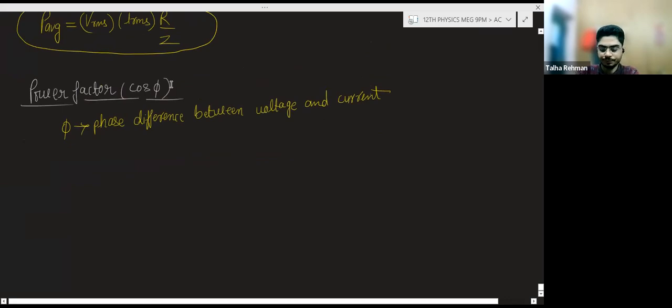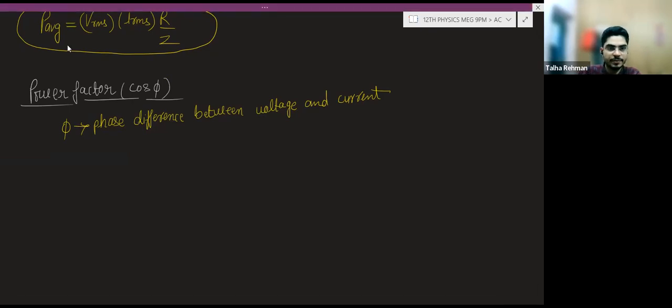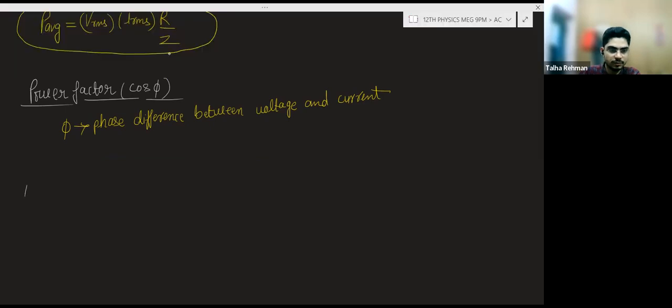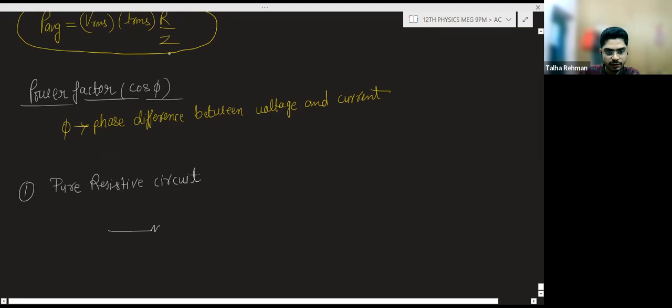Okay, so if I am taking a circuit, suppose first I am taking a pure resistive circuit. Pure resistive circuit means there is only one resistance connected with an AC source.